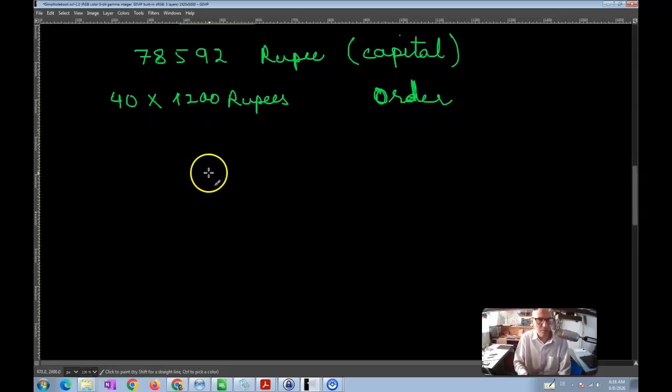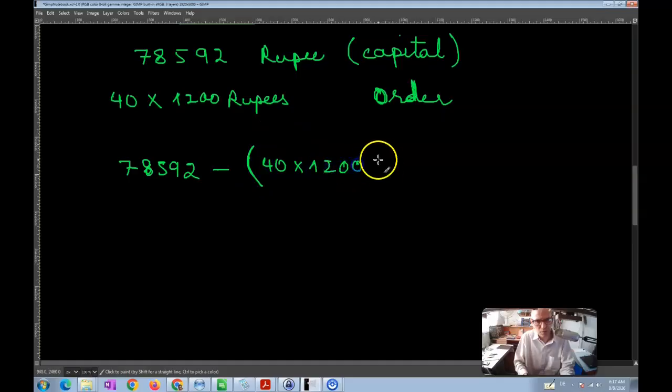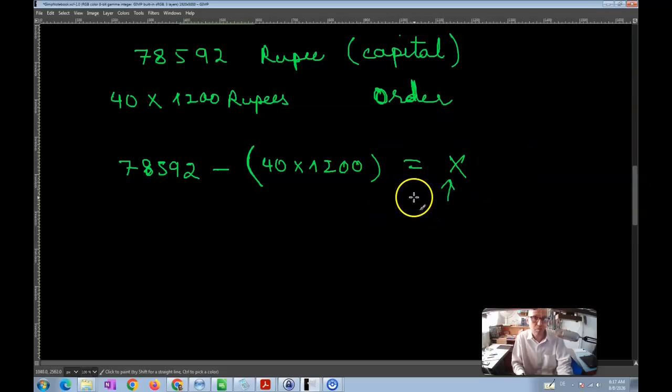And then the amount of money that remains after making the purchase is going to be 78,592 minus this whole amount, which I put in parentheses, 40 times 1,200, and whatever remains here is the amount of money that remains after she's made the purchase.